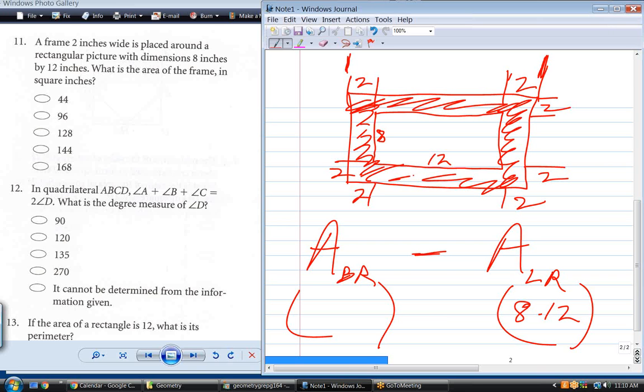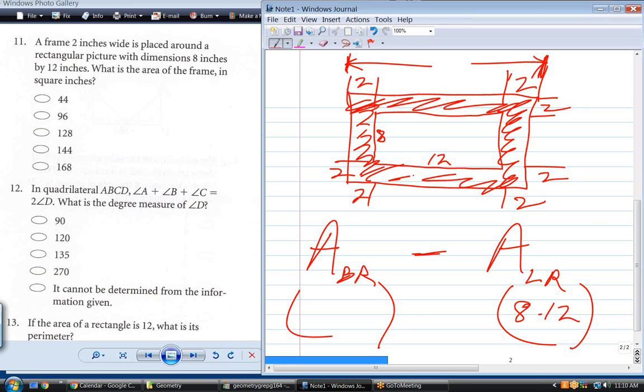There's no multiplication going on here. I just want the width. I don't want the area yet. What's the distance from there to there? 4 inches. Is it really? Well, it's 2 inches. 2 inches wide, yeah. It's just 2.